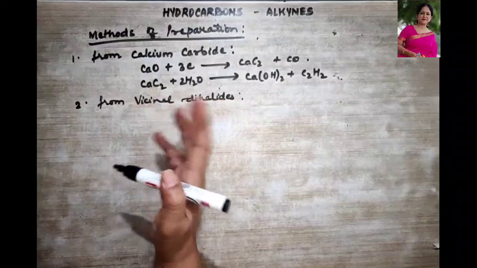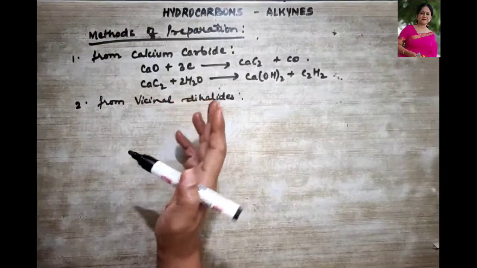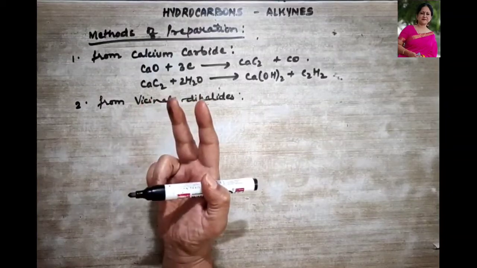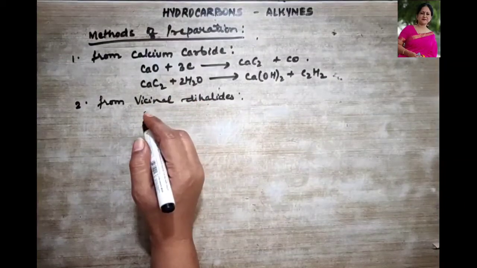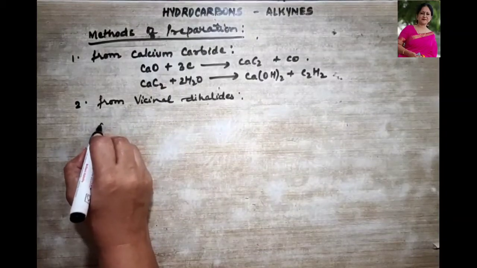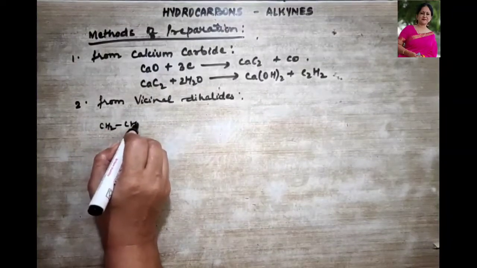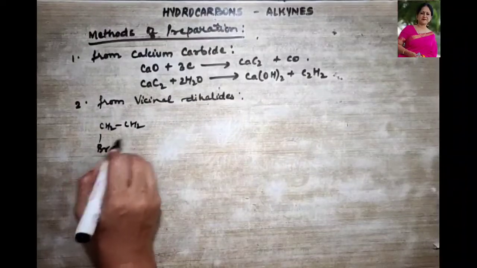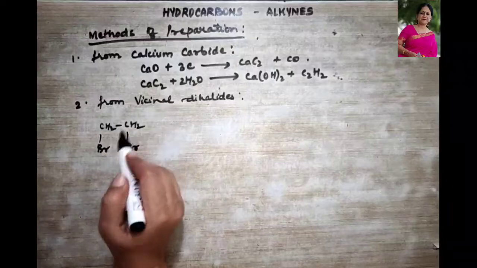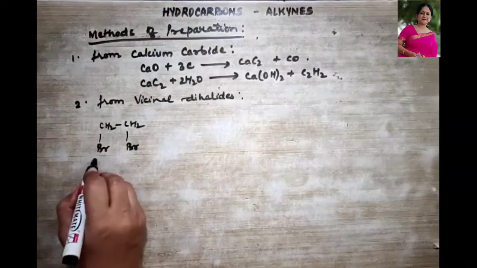The word gem has come from Gemini. Gemini means what? It means twins. Okay, so let's see this. Like for example, if we take CH2 CH2 Br. So this is called a gem dihalide or a vicinal dihalide. What is the name of this?